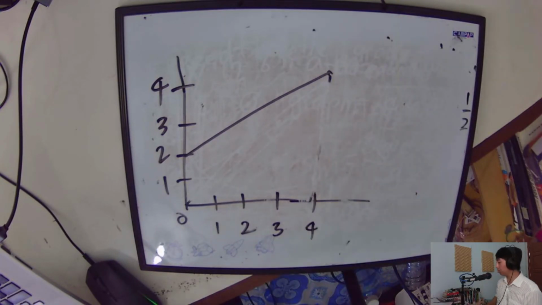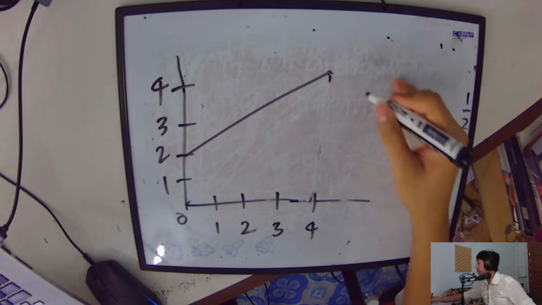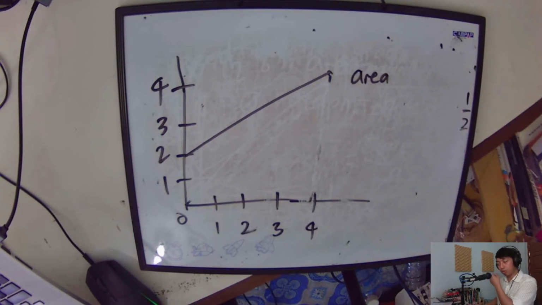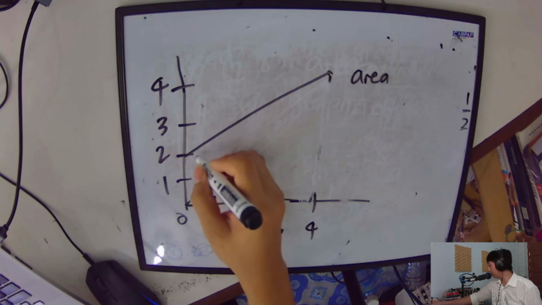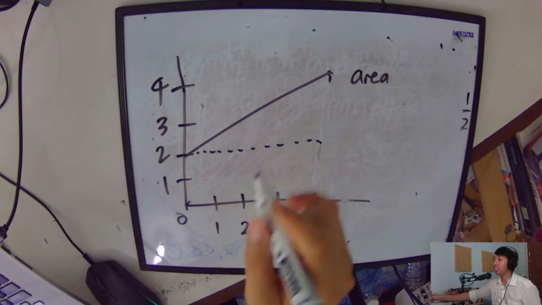Sekarang kamu disuruh untuk kira area under graph. So apa punya formula yang kamu pakai kalau begini sudah bentuk dia? Okay, you can use trapezium. That's one. Or kalau kau malas guna trapezium, you can also divide it into two lah. Okay, you use rectangle and triangle.